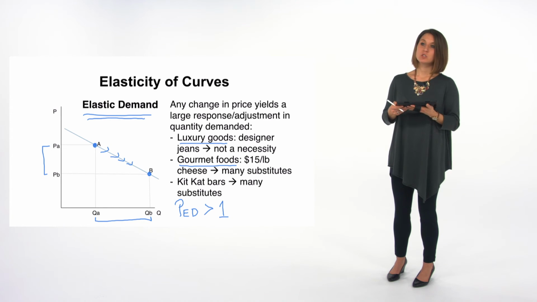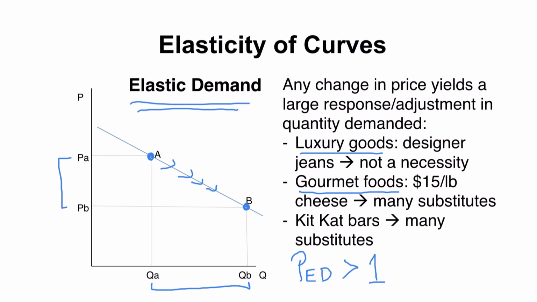So if we observe a change in the price of a good with many substitutes, then we observe that the elasticity of demand will be relatively large. Same thing with, for example, Kit Kat bars. Many substitutes, so therefore we would expect Kit Kat bars to have a relatively high price elasticity of demand and therefore be relatively elastic.